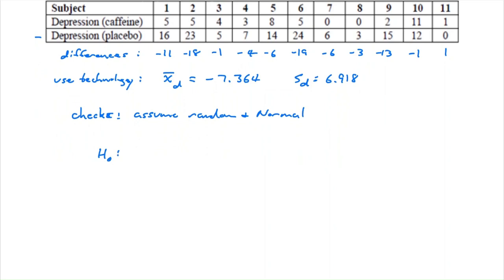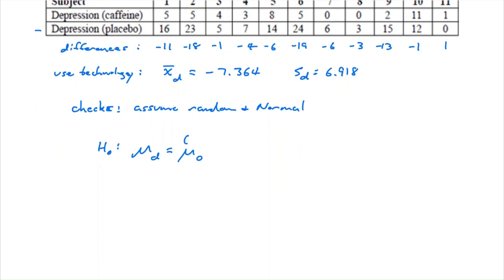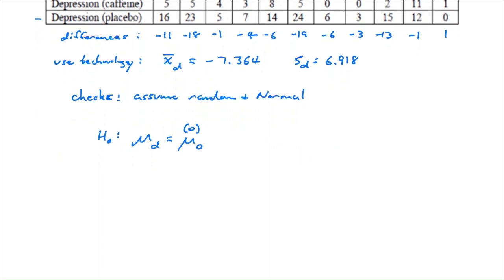All right, our null is that the difference is, again, we're going to assume equal to 0. In this case, we are wondering if the difference is less than 0. Okay.